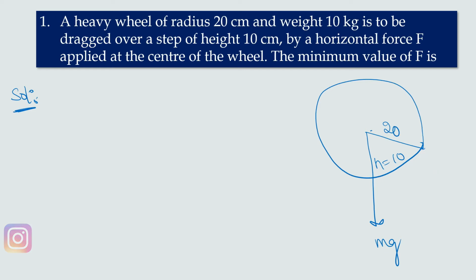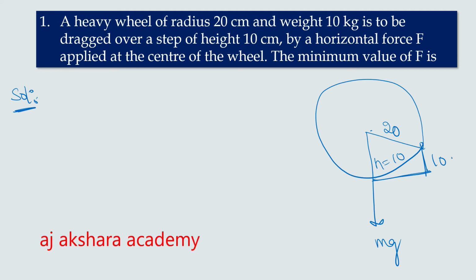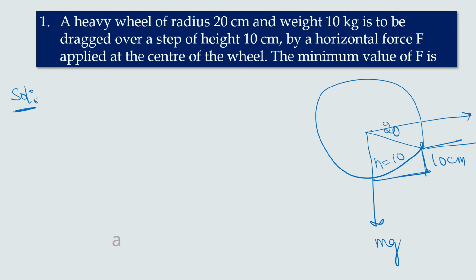It is to be dragged over a step of height 10 centimeter by a horizontal force F. From this, the distance is R minus H. Now X is equals to square root of 20 square minus, here for minimum force, this is X, we have to calculate the X value now.